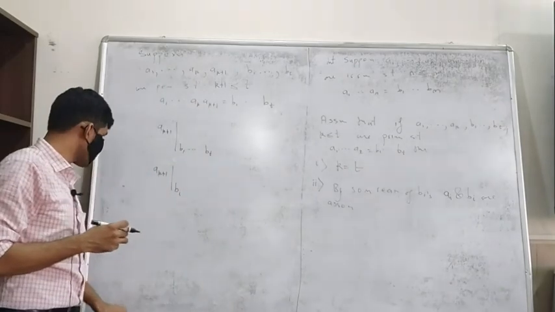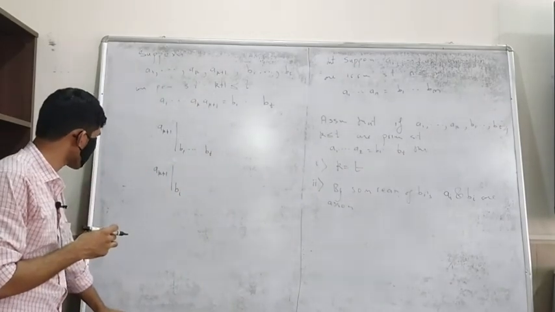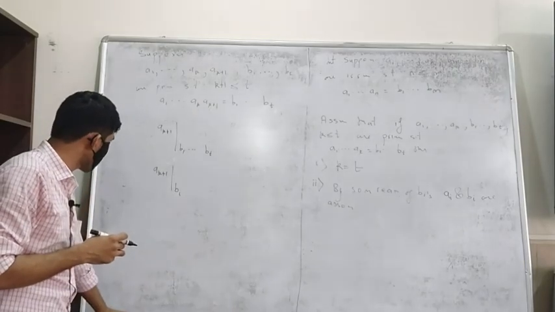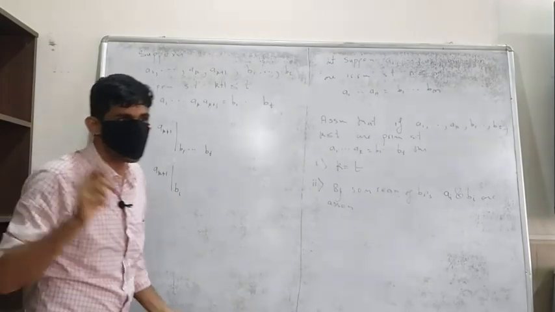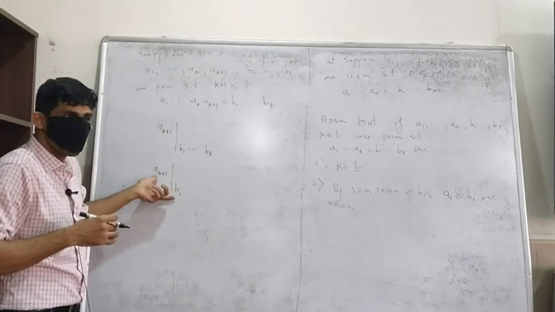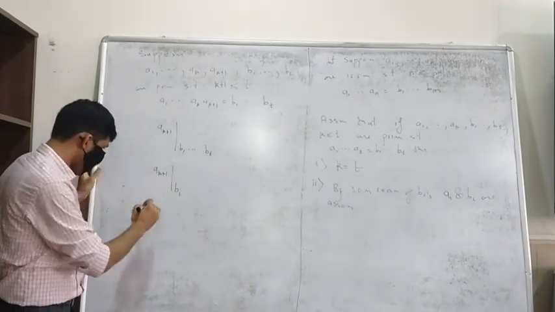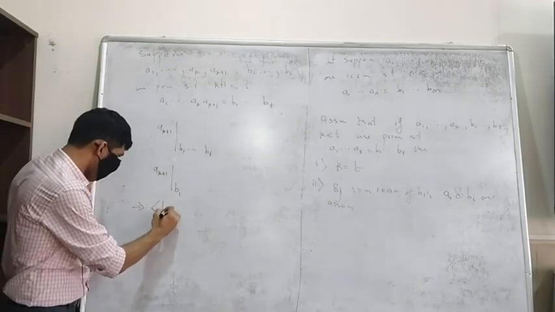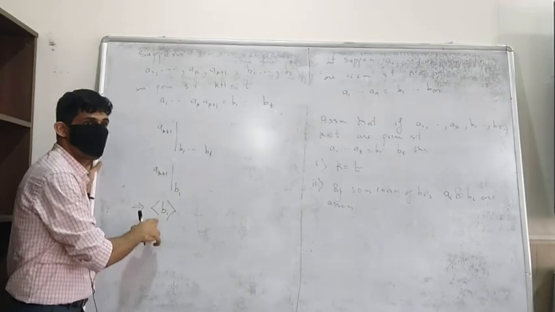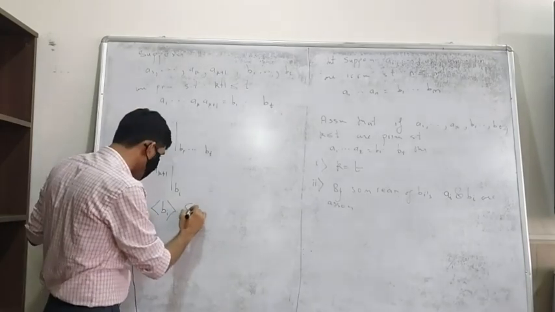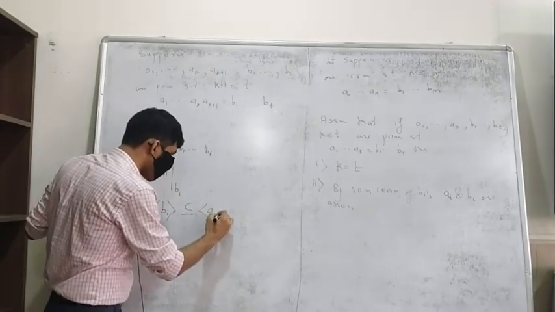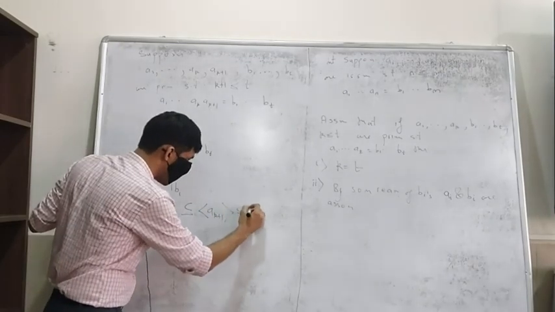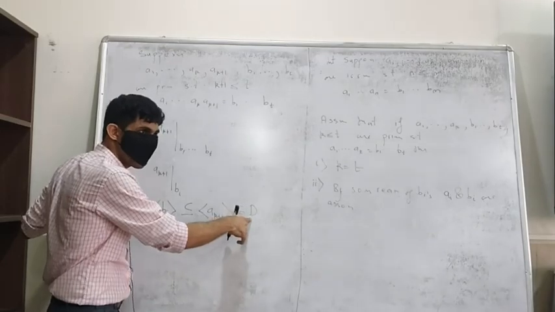So how do I say that they are associates? It's clear that they are associates. I'll tell you why. See, what does this mean? This means that the ideal generated by bi is contained in the ideal generated by a(k+1), which is of course contained in the entire D, which is a PID.